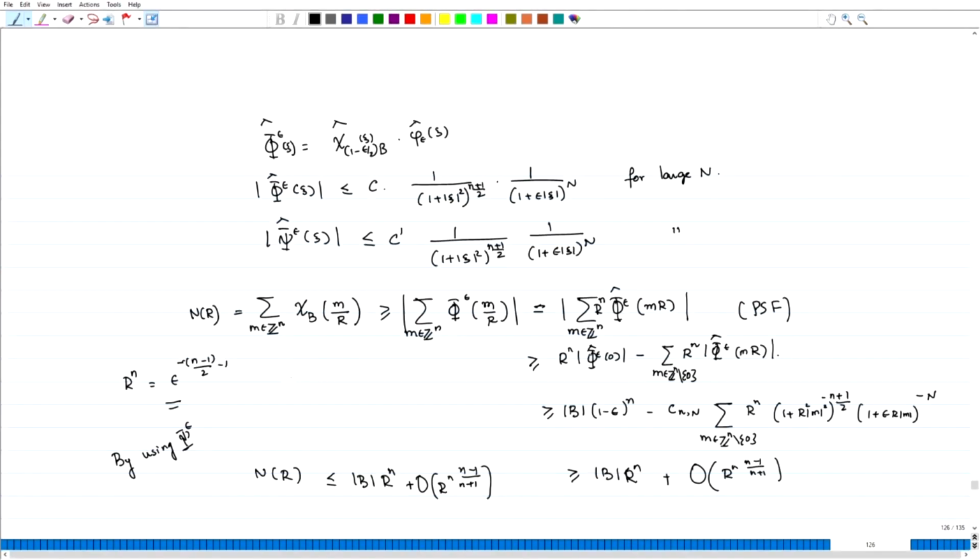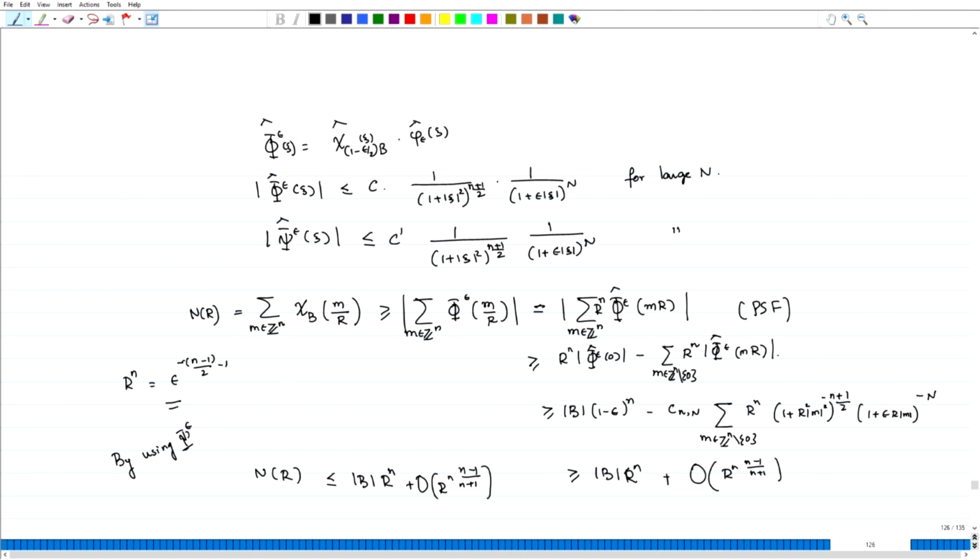So, as you can see, if we take dimension n equal to 2, then we get that the number of lattice points is more or less comparable to pi times r squared plus a big O of r.